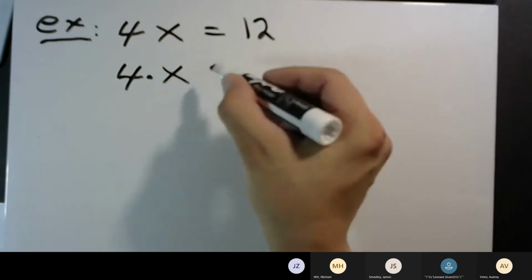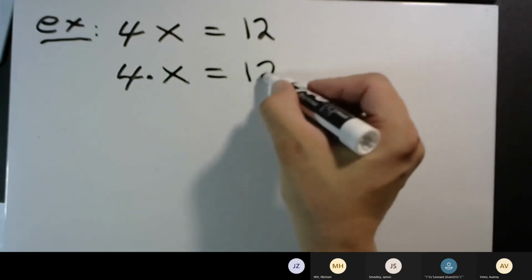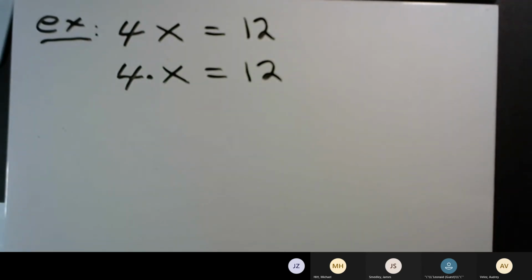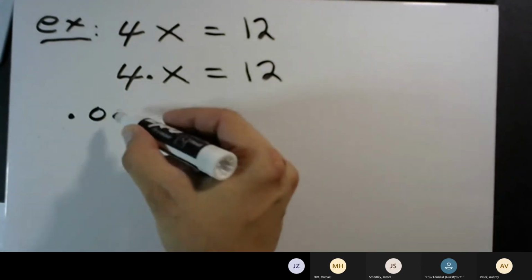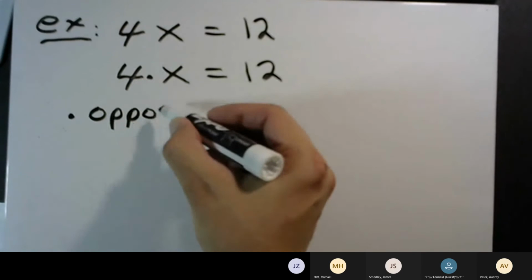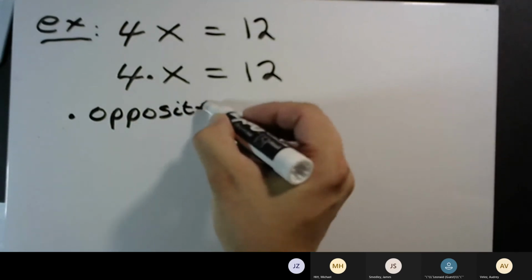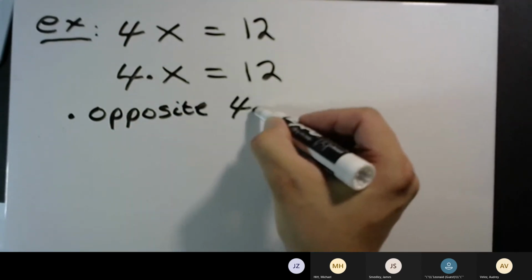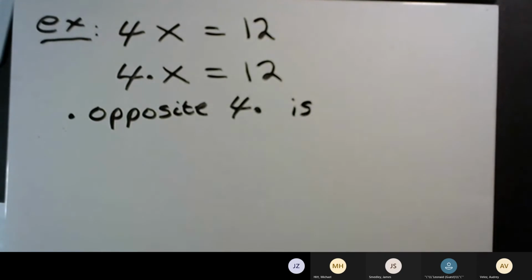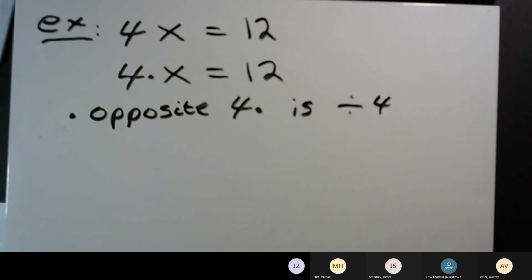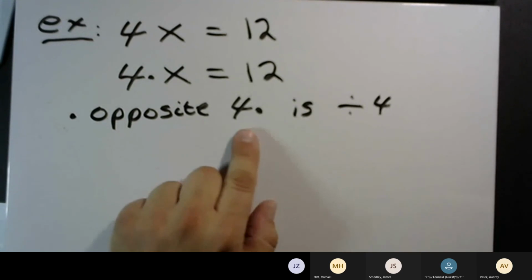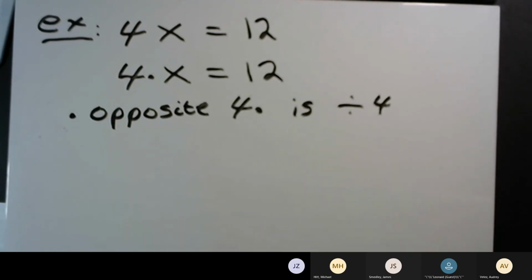That's the same as 4 times x equals 12. And again, we're going to look at opposites. Now, in this case, the opposite of multiplying by 4, that's going to be dividing by 4. So to cancel this, we're going to use that.